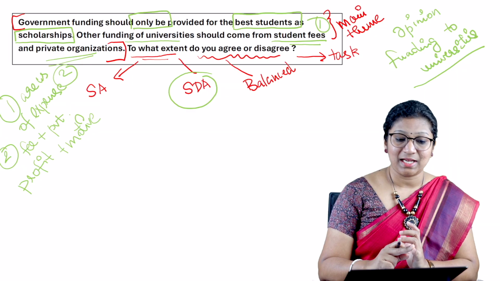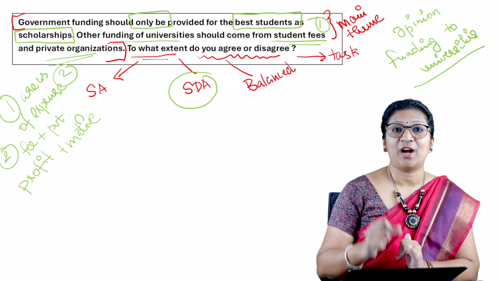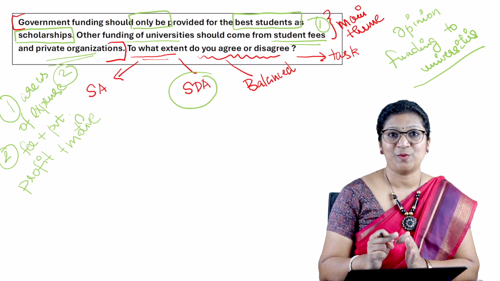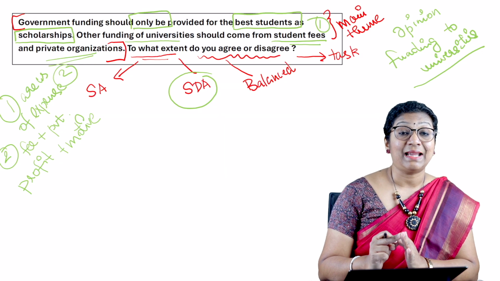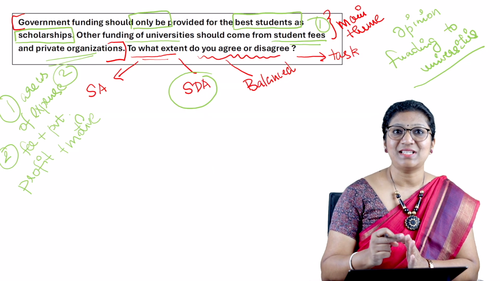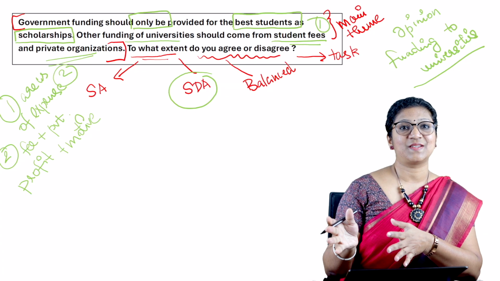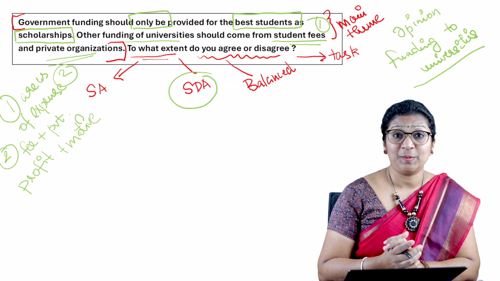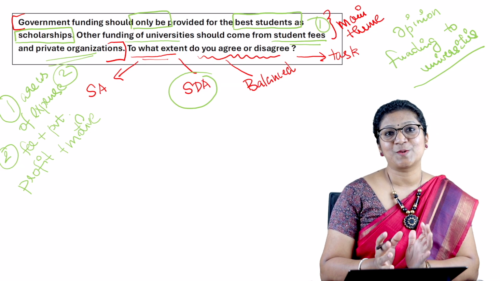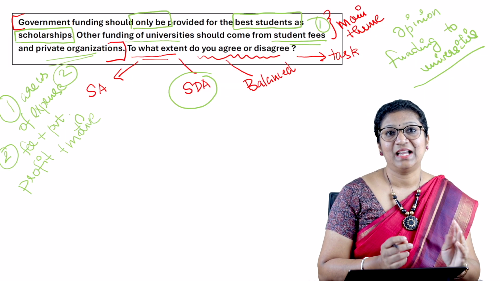Now, it also would mean that the private organization would have a big say on how the university functions. The private organization, whichever organization is funding the university, can decide the courses, can decide the fee, can decide how the university runs itself. When all of this is given into the hands of the funding organization, quality could be compromised and a lot of other aspects could also be compromised.